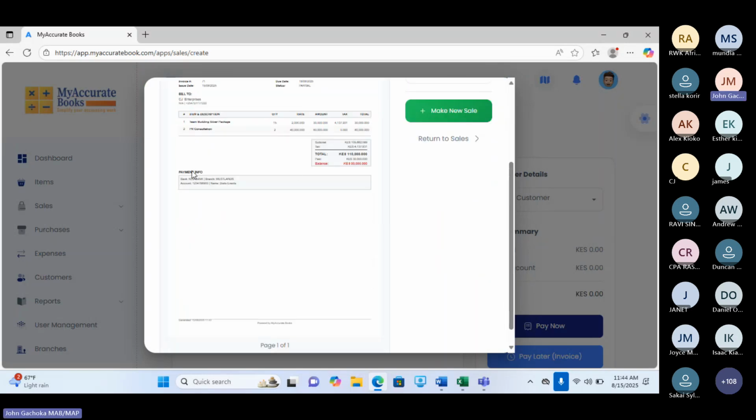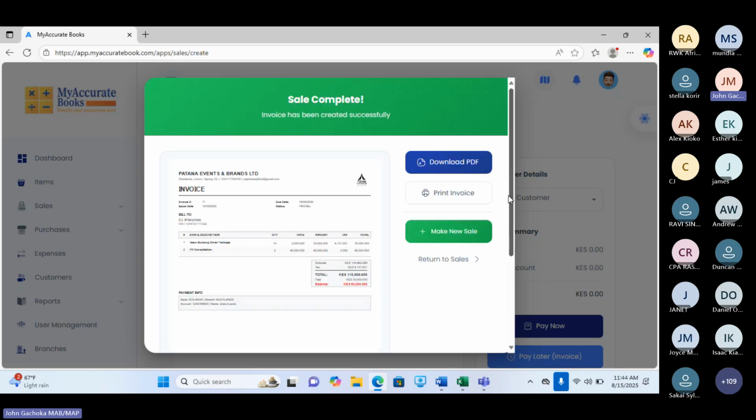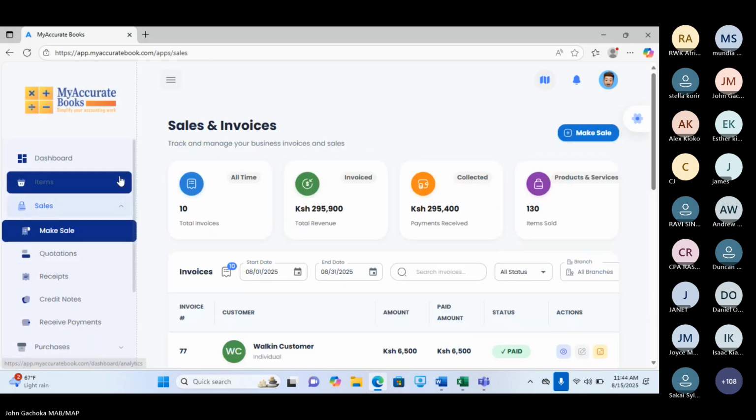First, it has details of payment information. And up here, it shows when the last payment is expected. Ladies and gentlemen, we move from there.